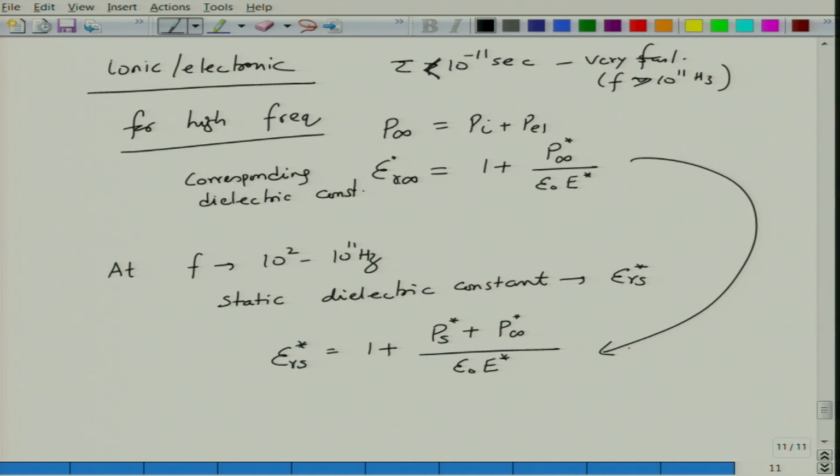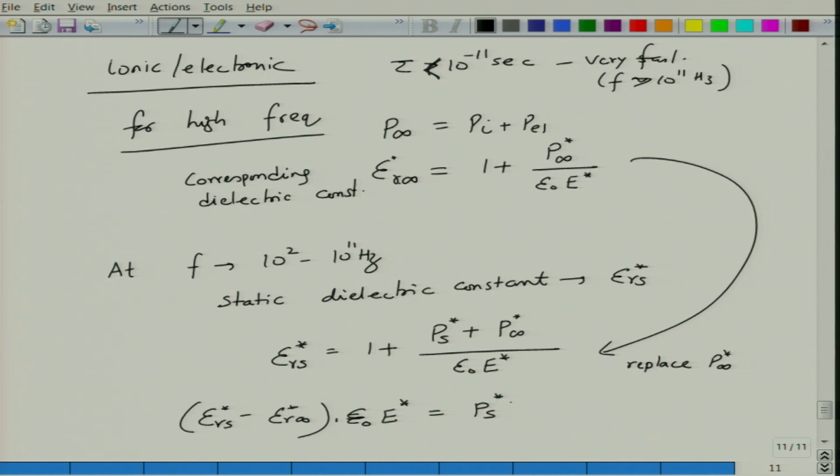So, if you replace P infinity star, we will get epsilon r s star minus 1 will be equal to, if I just simplify it, you do not need to write the complete form, epsilon r s star minus epsilon r infinity star into epsilon naught E star, this will be equal to P s star.